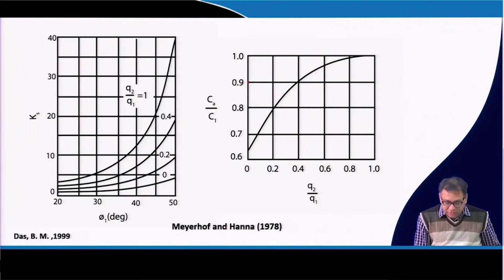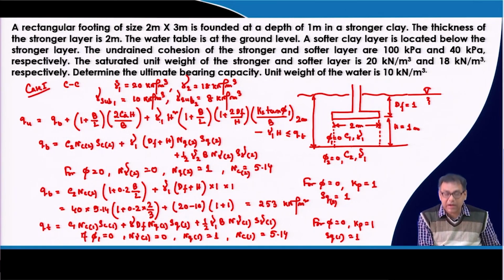But our actual equation, you can see, is gamma 1. So if there is a different unit weight due to the water in the soil, then we have to incorporate these effects. That means we have to modify these equations slightly.